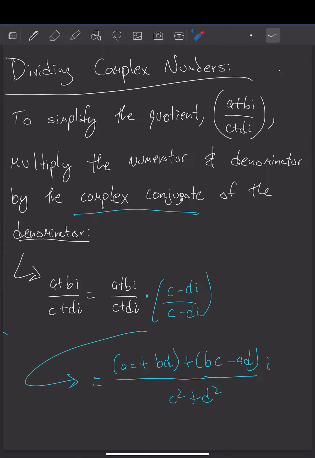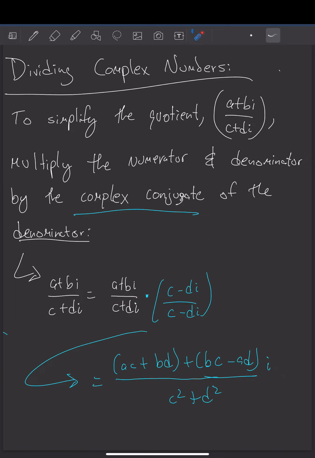If you have that though, in order to get rid of the imaginary part on the bottom, the c plus di, you're going to have to multiply the numerator and denominator by the complex conjugate of the denominator. Whatever your denominator is, in this case it's c plus di, you multiply the top and bottom by its conjugate.